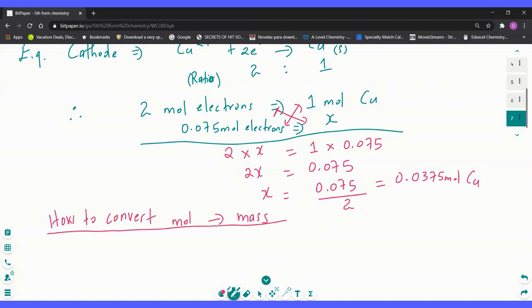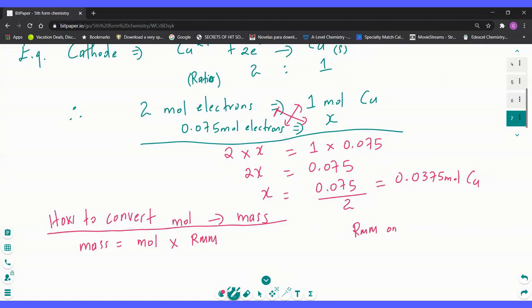Now in this case, mass would be equal to the moles times the RMM. And you might be asking yourself, what is the RMM?